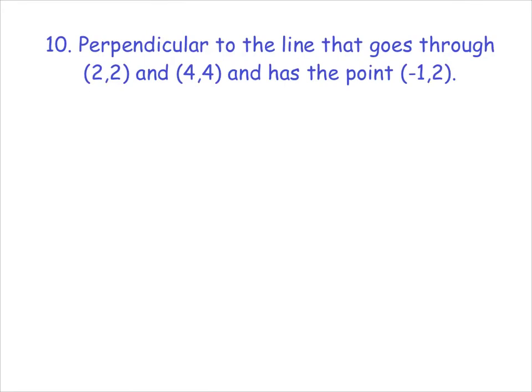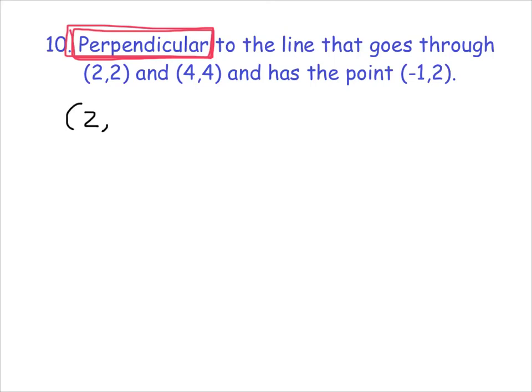All right, number 10, I'm going to again box this in because it says perpendicular. And oh, that's not fair. They did not give me the slope. Oh my, oh dear, whatever shall I do? Well, I guess we're going to have to find slope on our own. So we're going to find slope first.